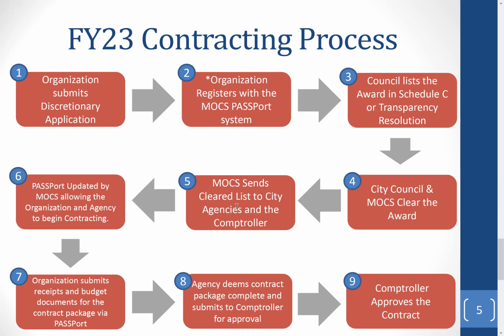So honestly, I recommend everyone go to the discretionary Mox tracker, which is on the Mox website. It has a one-stop shop for everything. It'll tell you if you are receiving funding, if your awards are clearing the council, or if they're pending council or Mox. And if they're pending council, they'll notify you that it is, and then you can reach out to us.